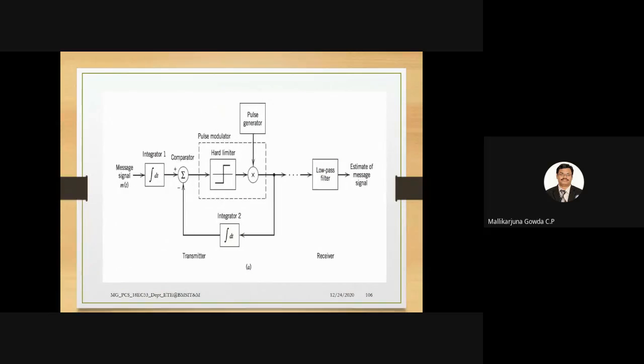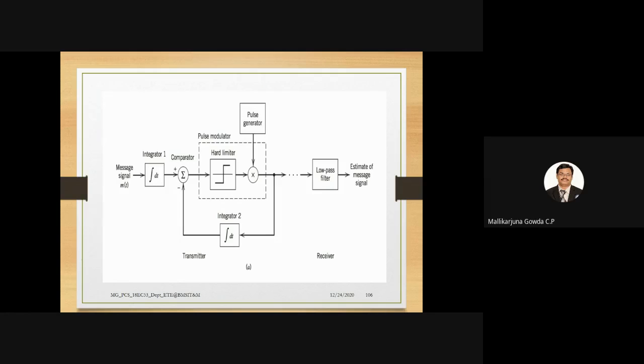In the earlier case, we used to sample the message signal and compare it with the previous approximated quantized version of the signal. In the previous case, the quantizer output was as good as the derivative of the message signal.